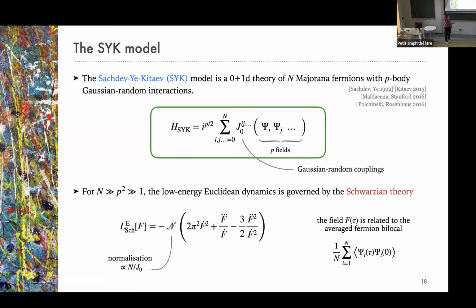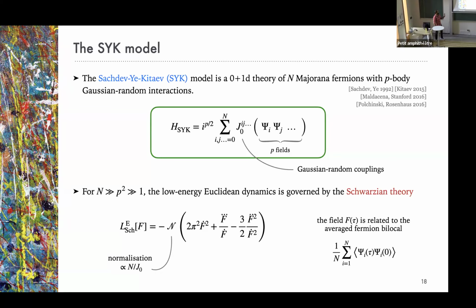It turns out that the Euclidean low energy dynamics of this theory is very well known. In fact, this model is very solvable, specifically in the regime where you take n and p to infinity in this particular order. And if you do that, then the low energy dynamics is governed by the Schwarzian theory. The Euclidean action of the Schwarzian theory is just this, some complicated action. It has very nice properties, which I won't do justice to right now.